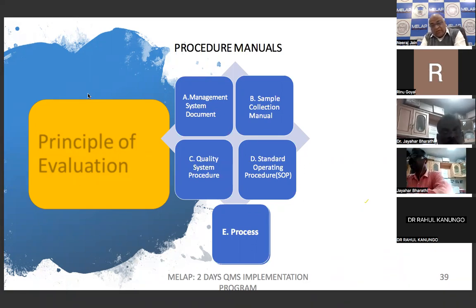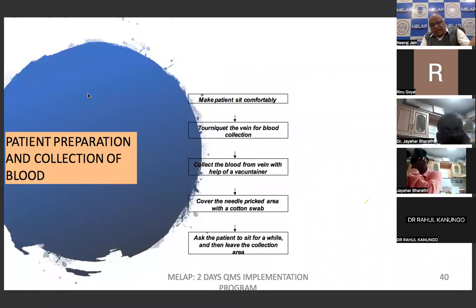And you also have to develop certain processes, flow of activity. What is the process of equipment selection, purchase, or procurement or management? This is a simple example of a process, a flow of activity.